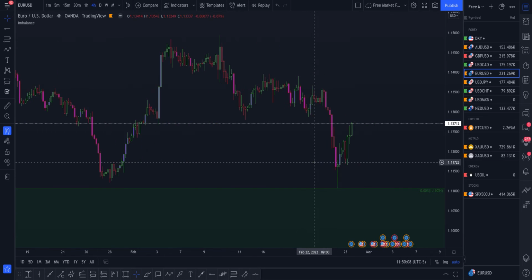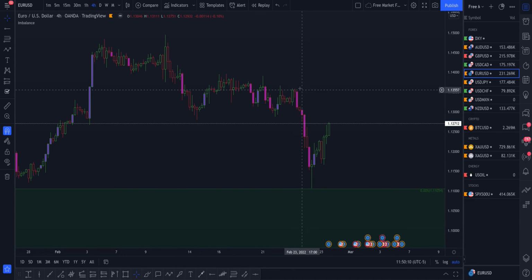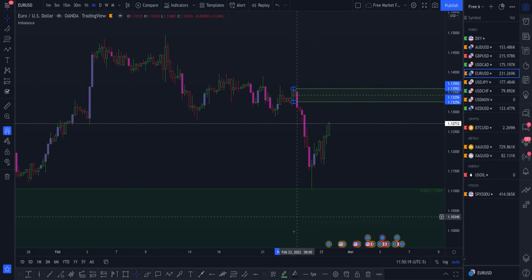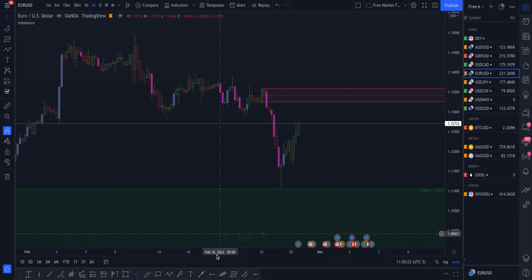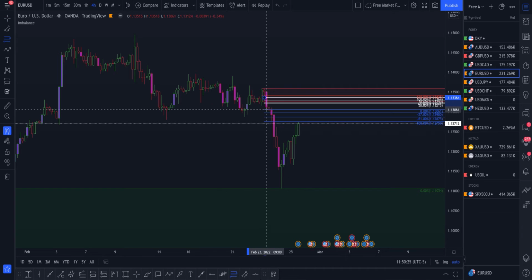So consolidation, maybe we could possibly look to see this unmitigated 4-hour supply zone be tapped into, as well as this imbalance here to be filled.